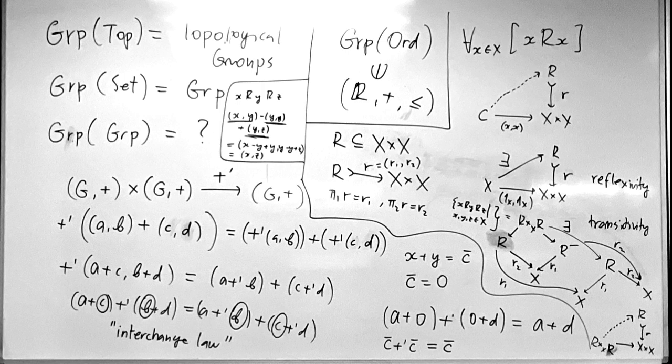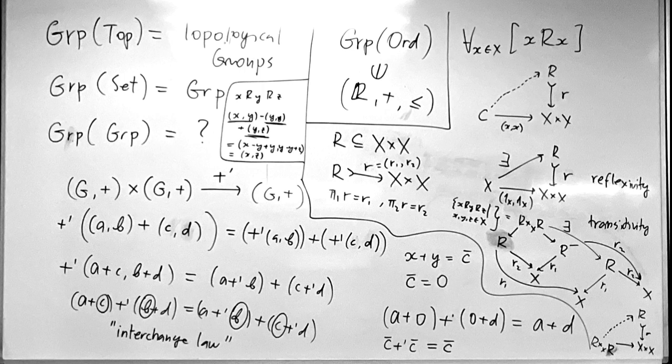If I take a pair A, B, I add them in the Cartesian product, and then I apply plus prime.